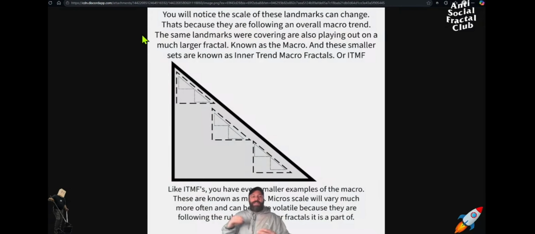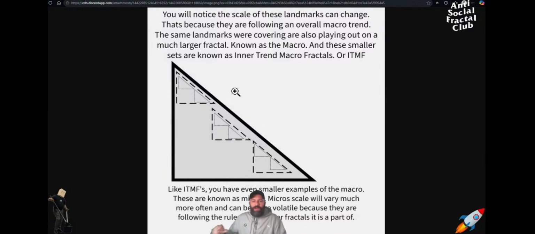They are at different scales. You have micros, macros, and ITMFs. For the model's sake, your thicker black line here is your macro. This is the overall largest pattern that everything is going to be following the rules of. That's a macro hierarchy, is the term. Inside of your macro, you have ITMFs, which would be these dotted triangles, these three. ITMFs are inter-trend macro fractals.